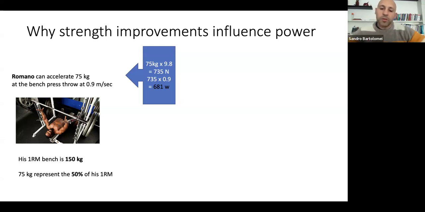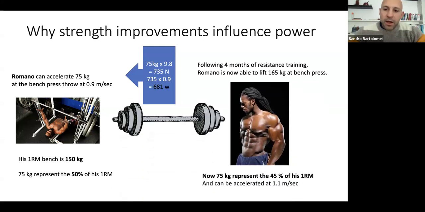So 75 multiplied by 9.8 is 735 Newtons. We multiply that value by the speed of the bar, and we obtain the power, 681 watts.